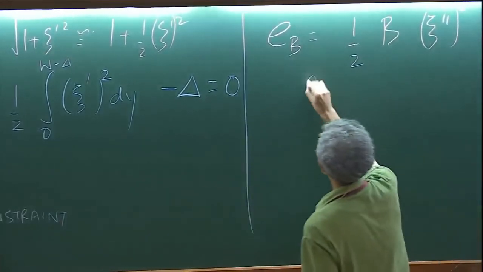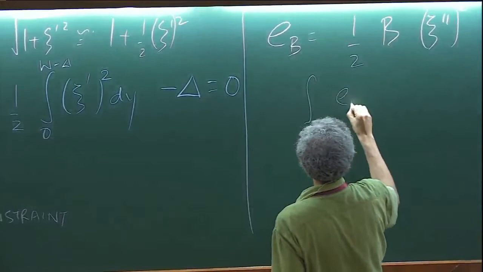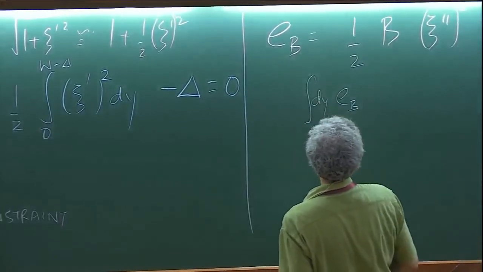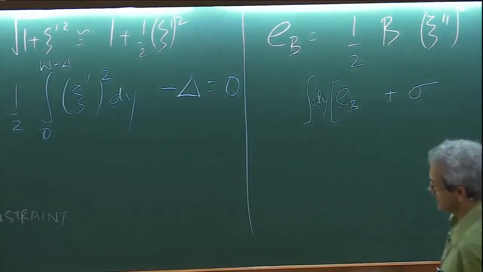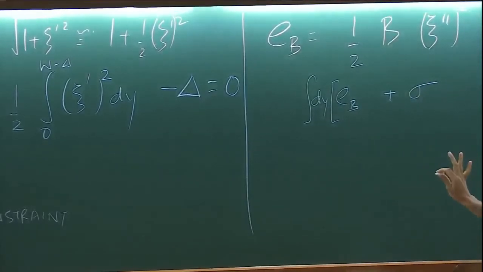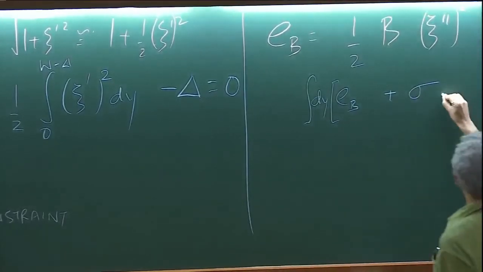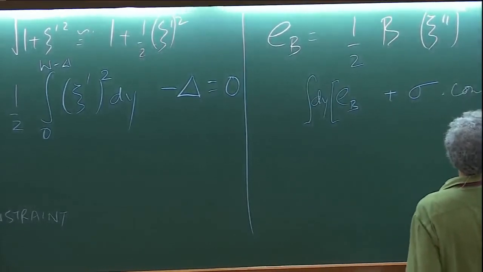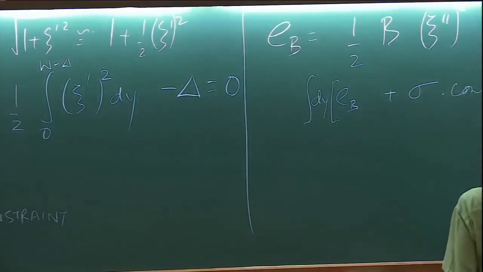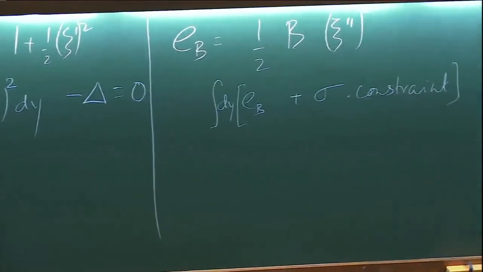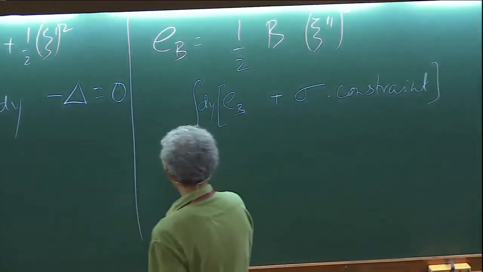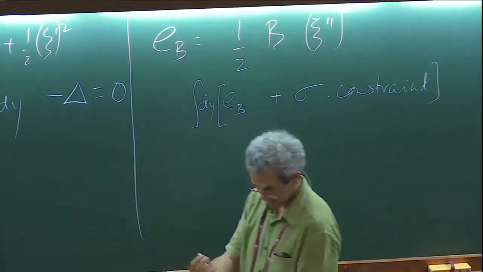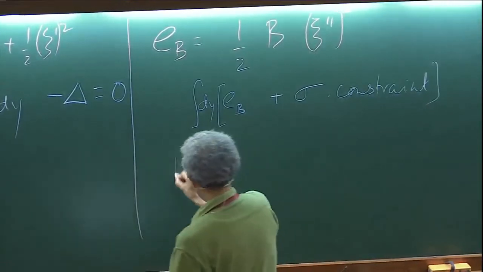This is what I'm trying to minimize: the energy E_B integrated over dy, plus a Lagrange multiplier, which we will suspiciously call sigma for now, times a constraint. And this gives me the Euler-Lagrange equation, which looks like this.